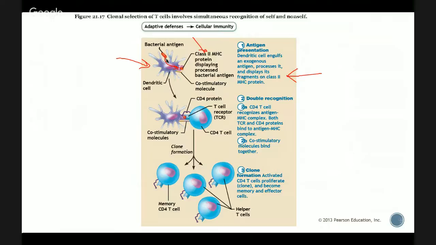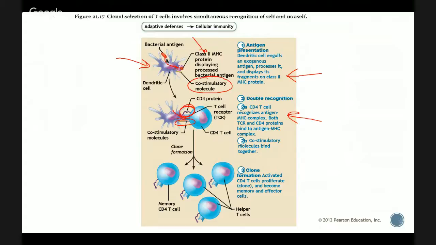Now, in order for this to work, we have to have double recognition. Number one, the CD4 T cell has to recognize the MHC antigen complex, okay? So it has to recognize this part here, and when it does that, it's showing that through here, okay? It has to recognize that, and then it has a co-stimulatory molecule attached, and it has to bind here. So it has to basically lock in two places.